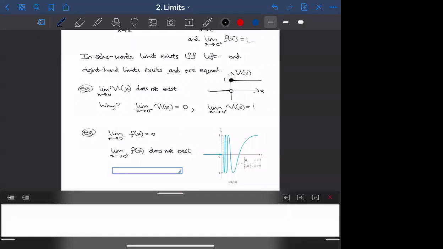To actually find the limit, you will use limit laws and the sandwich theorem and things like this. But the proofs of those theorems use epsilons and deltas.